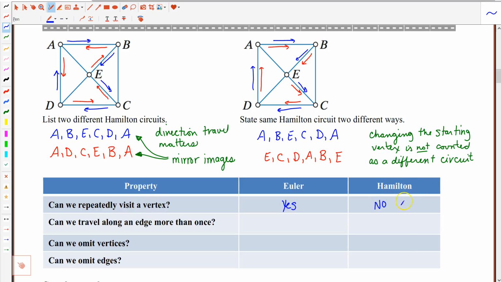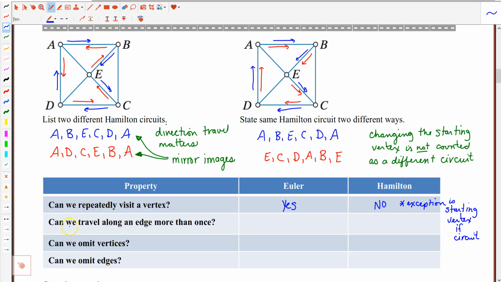No, we cannot. Now, the exception is that starting vertex if you're looking for a circuit, because you have to close your circuit up. But otherwise, no, you can't ever repeatedly visit a vertex you've been to before.